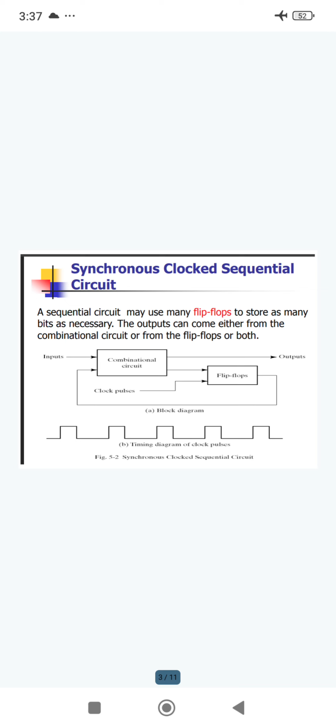A flip-flop can store only one bit at a time. If you want to store many bits at a time, we require a memory element. So here the flip-flop acts as a memory element. The output may be from the combinational circuit or from the flip-flop, but the sequential circuit fully depends on the clock pulse signals.